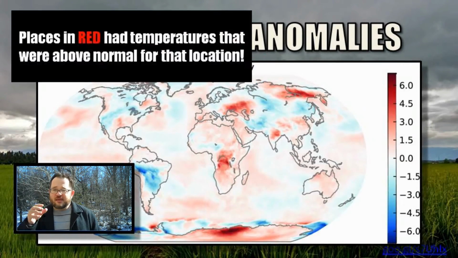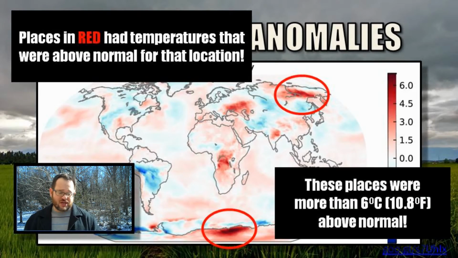So when they colored it in, places that are in red had temperatures that were above the June climatological average. June 2009 was unusually warm at the locations that are colored in red, and I'll just draw your attention to the fact that some of those locations are awfully warm. These places that are this dark red color were more than 6 degrees Celsius, that's 10.8 degrees Fahrenheit, above normal.